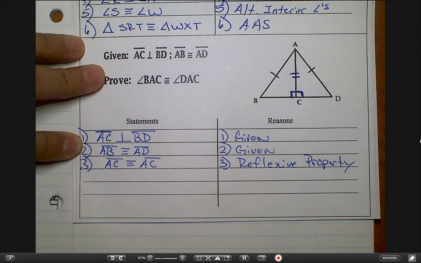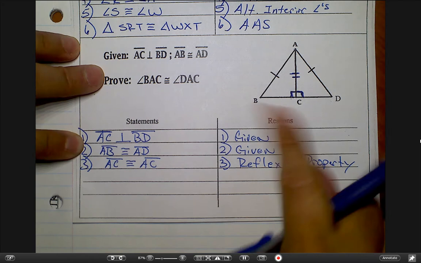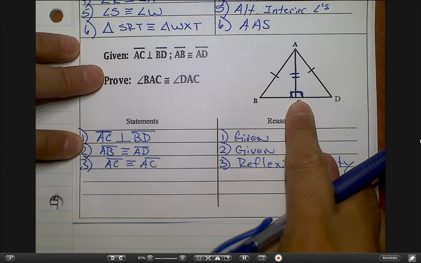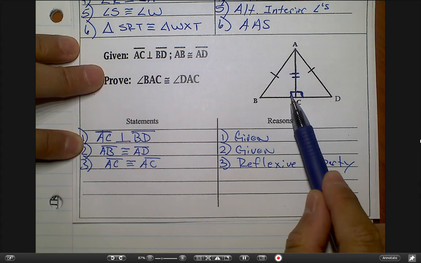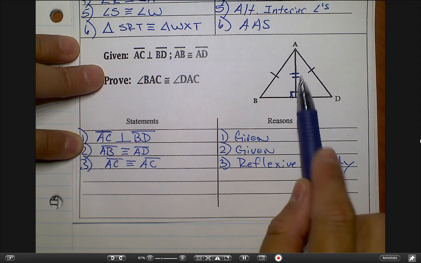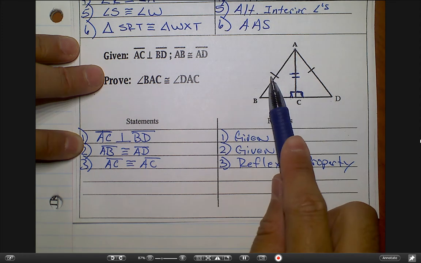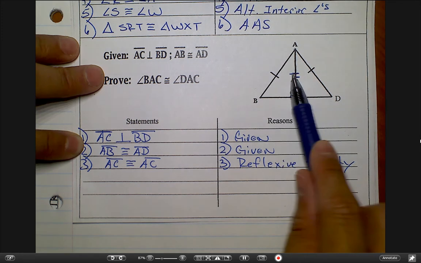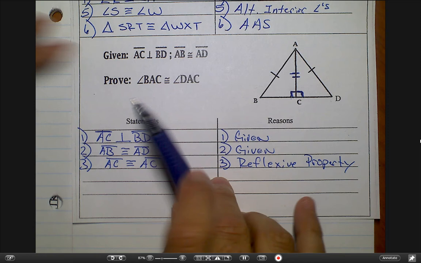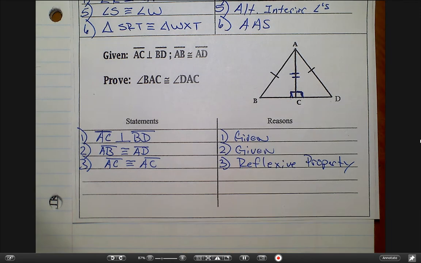Now, do I have enough information to say these two triangles are congruent? Yes, I do. I do have enough information. If you notice, this is angle side side, isn't it? This one is also angle side side. But is this a special angle side side?